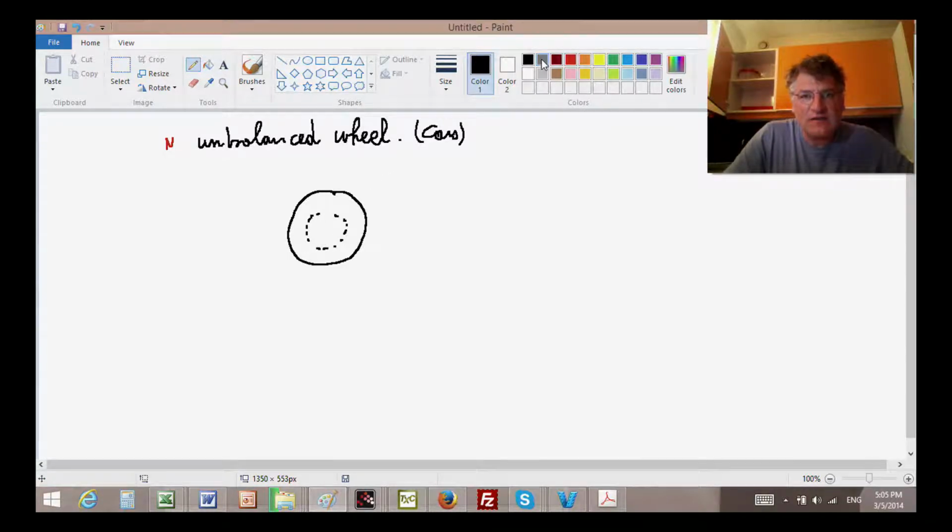The imbalance is equivalent to having a small mass located on the rim of the wheel, such that the mass of the wheel, which is called M, and the mass of the small element, small m, satisfy small m much smaller than big M.